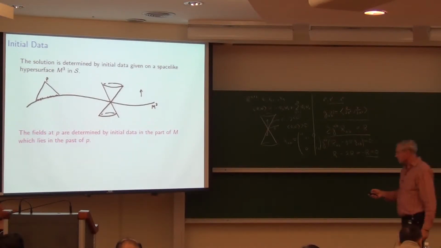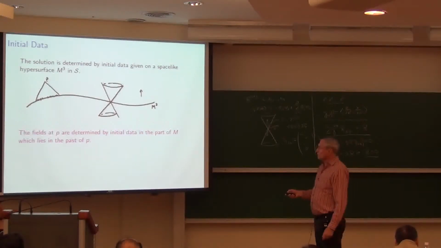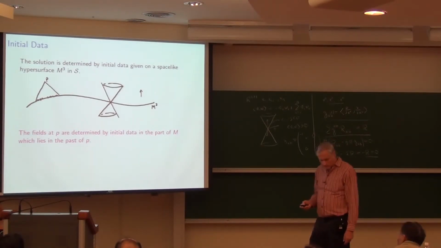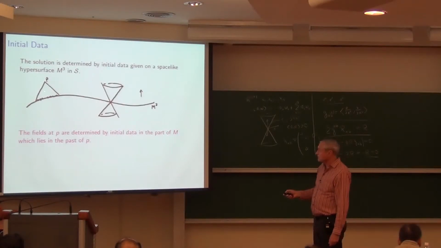Like wave equations do, the Einstein equations satisfy causality. That means if you want to determine the value of the gravitational field at a point P to the future of the initial surface, then that value depends only on the data in the past of that point.